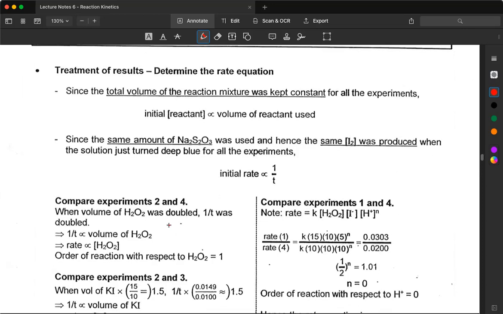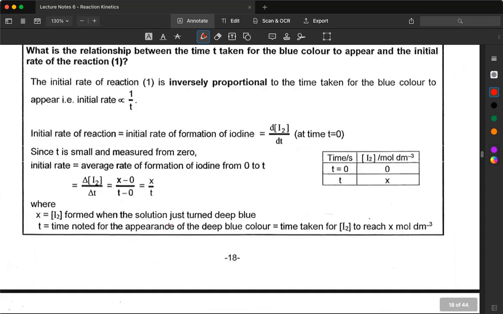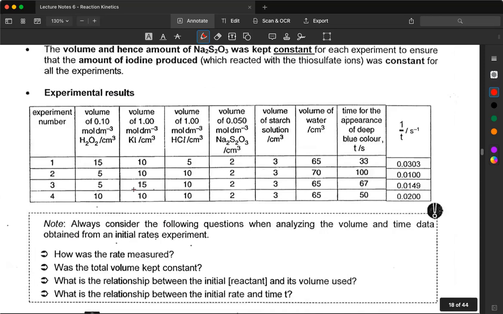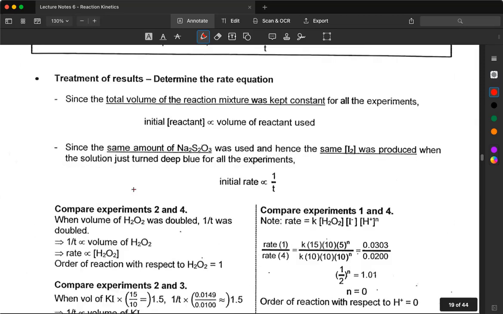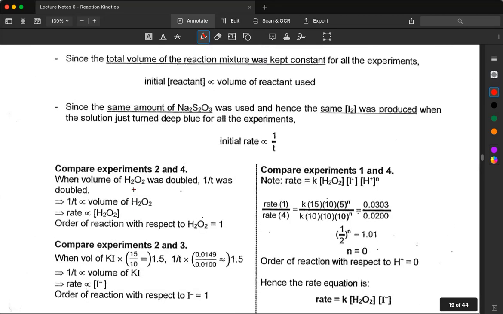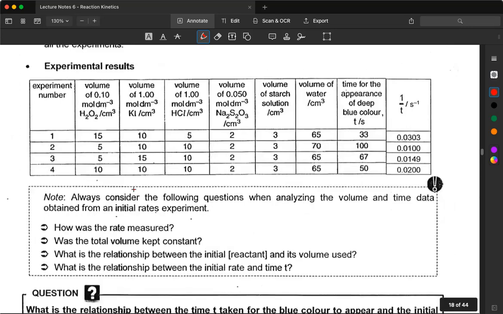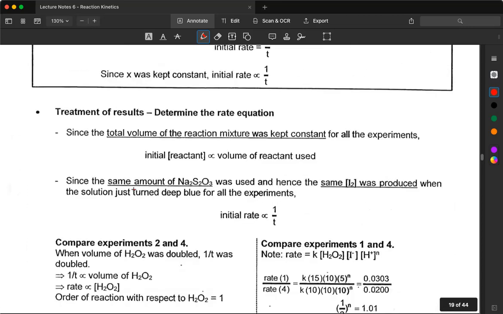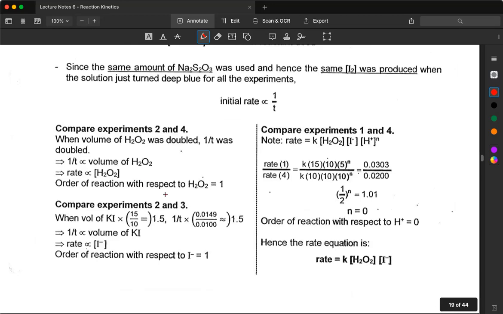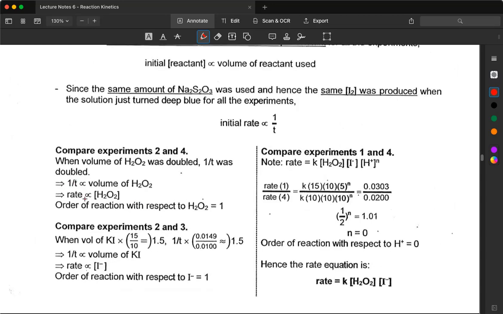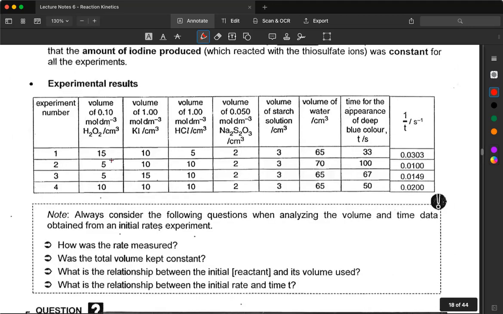So if you compare experiments 2 and 4, when you double the volume of H2O2, hydrogen peroxide, 1/T was doubled. So the order of reaction, you double this.